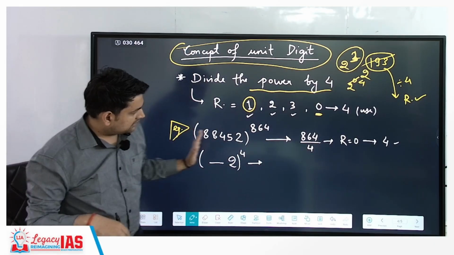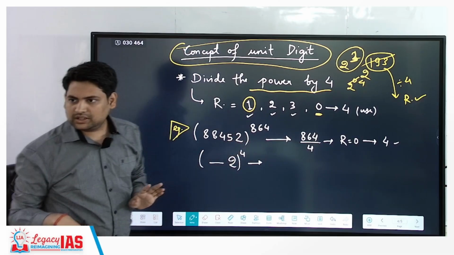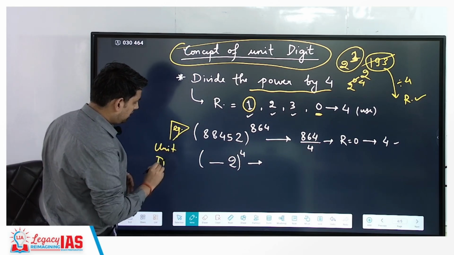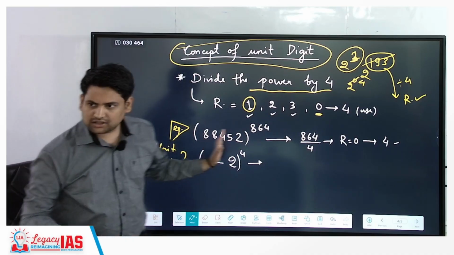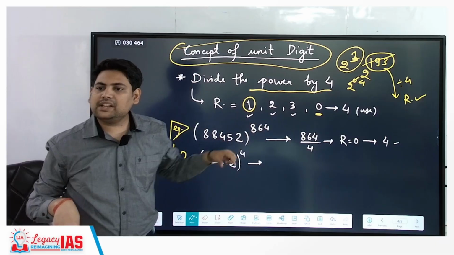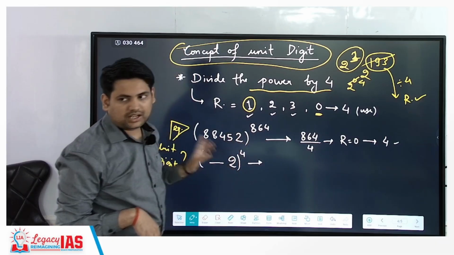See, this number is written. You are asked what will be its unit digit. Unit digit means if I were to write the expansion of this, it will be some very big number. So that very big number's last digit, what that will be, that is asked.